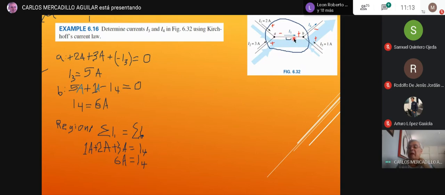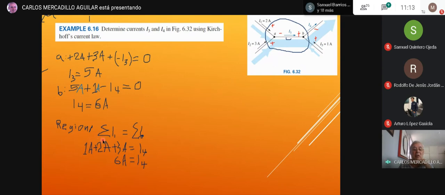While here, I3, we don't take it into account because it is inside the frontier. It's not entering nor leaving. It's inside, so we are only analyzing the data going to the border.